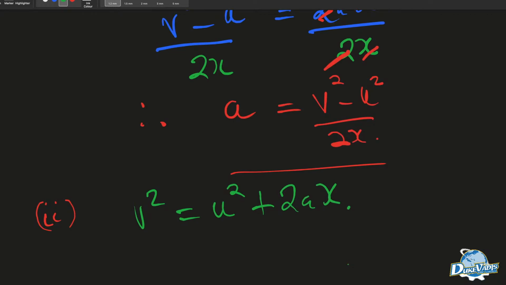We got to do something so that we don't see 2ax again. If we get rid of this, which is adding to this, means my inverse will be subtraction.